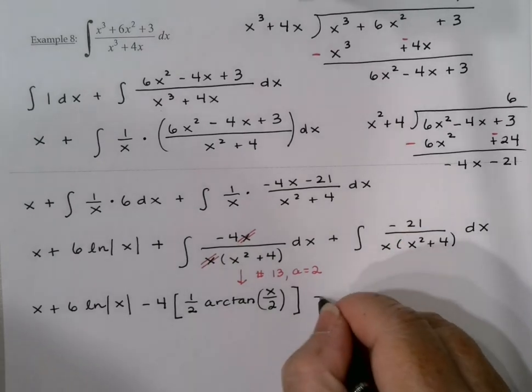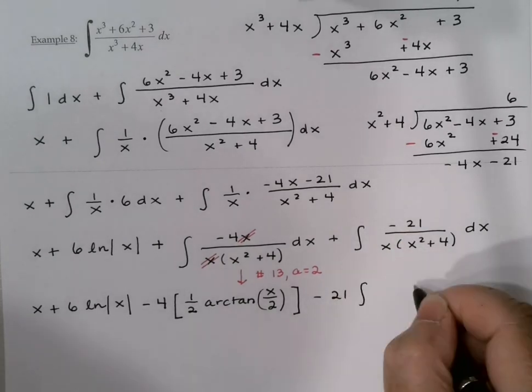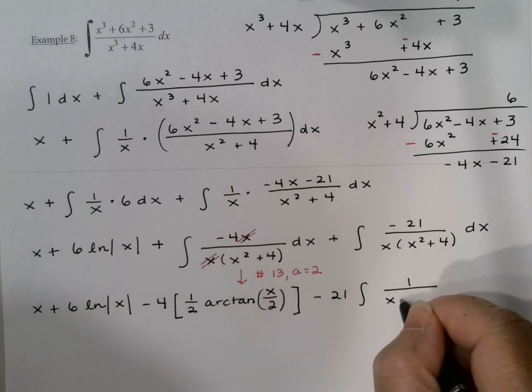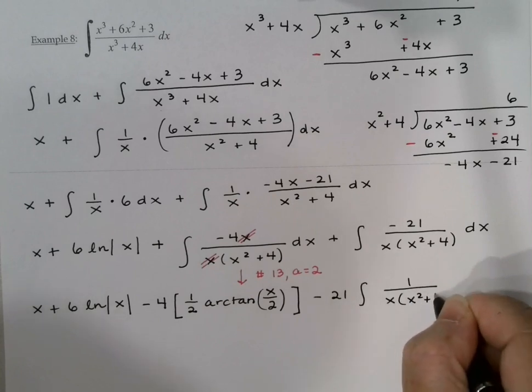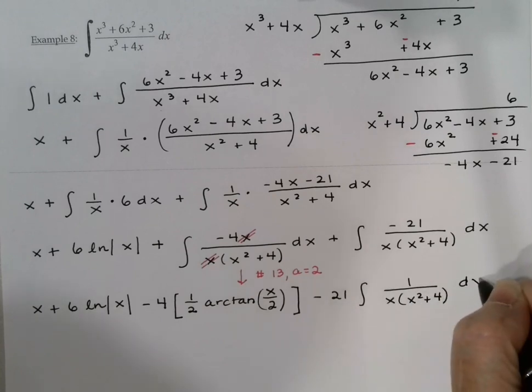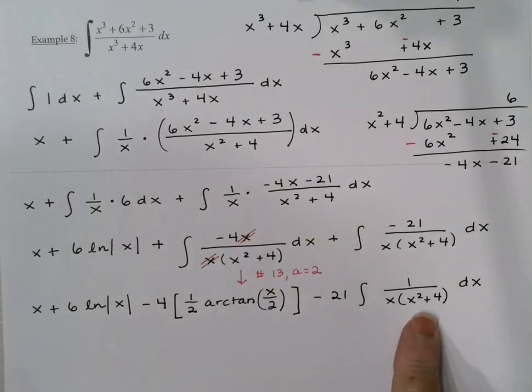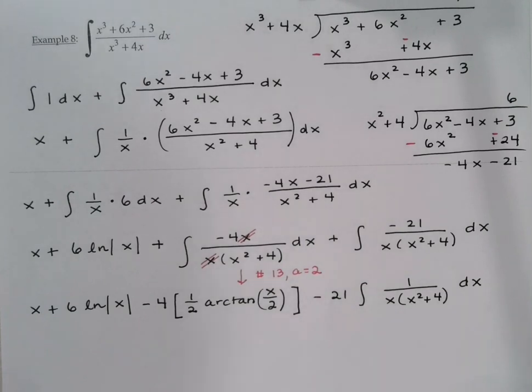Here I'm going to pull out that negative 21 and just write this as 1 over x squared plus 4 dx. And that becomes the last one that I need to work with. All right, let's see if we can find an integral that's going to help us out there.